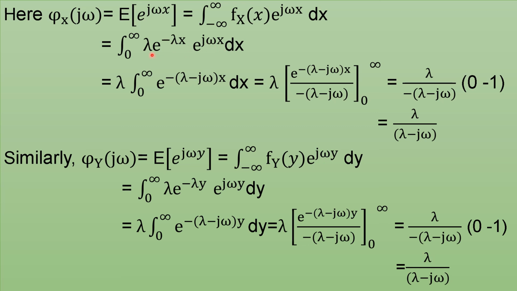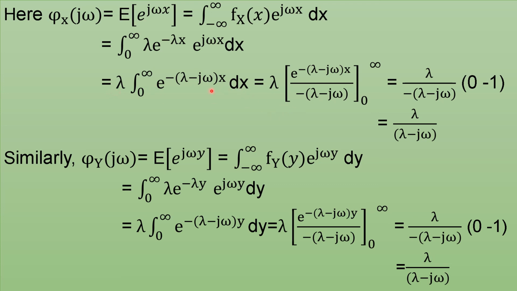Here lambda is a constant kept outside the integral sign. Integral 0 to infinity e power minus lambda x into e power j omega x. Base same, e, so powers can be added, minus lambda x plus j omega x. We shall keep a minus outside the bracket, similarly x outside the bracket. So e power minus of lambda minus j omega into x dx.